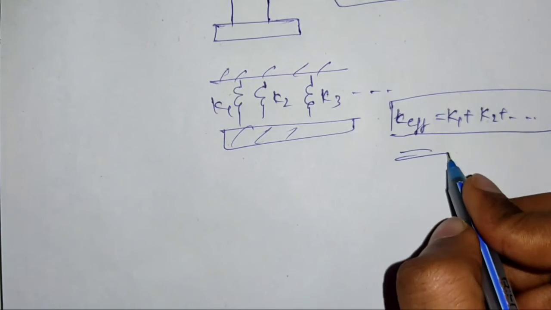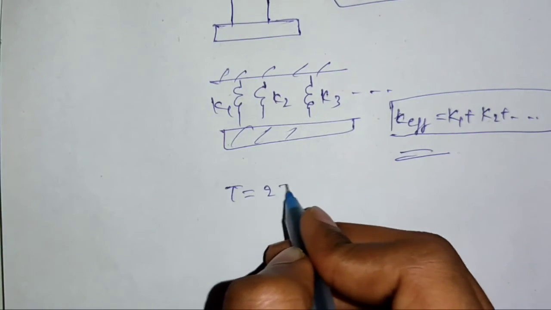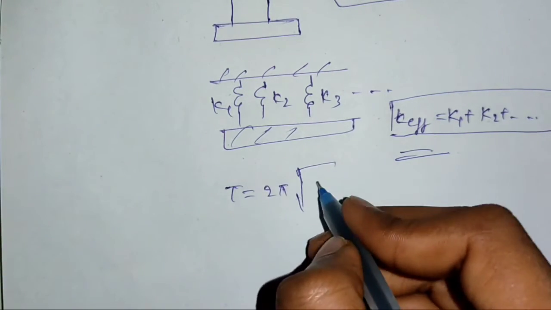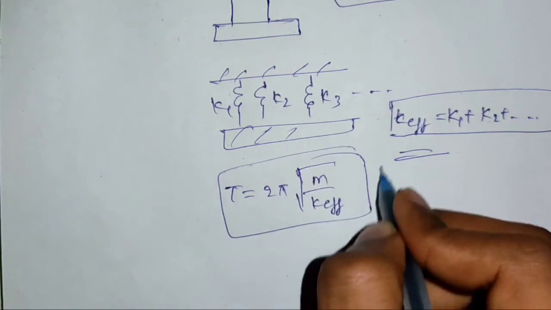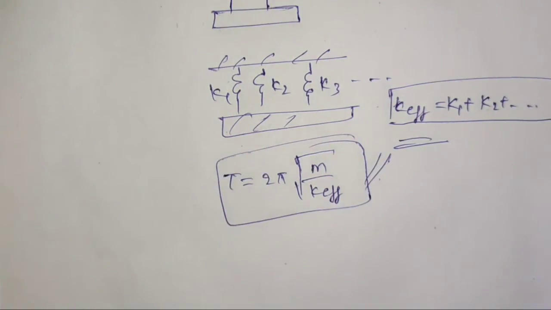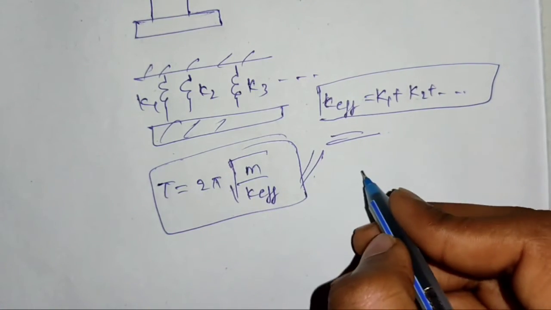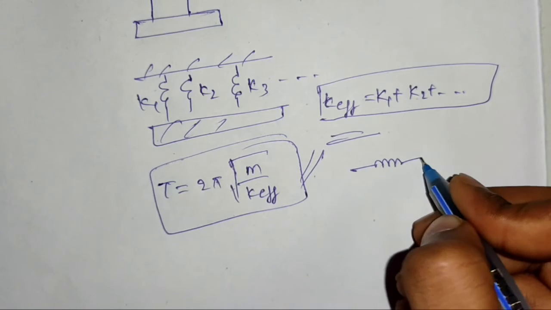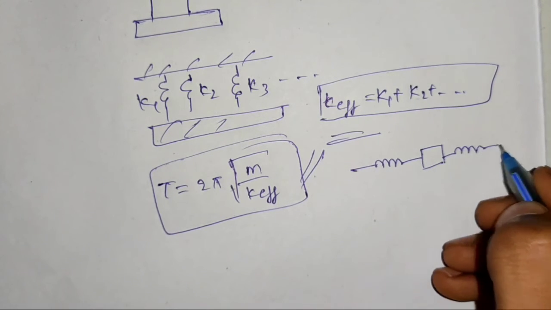Okay, from here we get time period T is equal to 2 pi under root m by k effective. This also you have to remember.